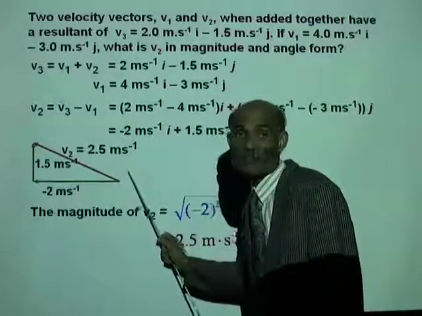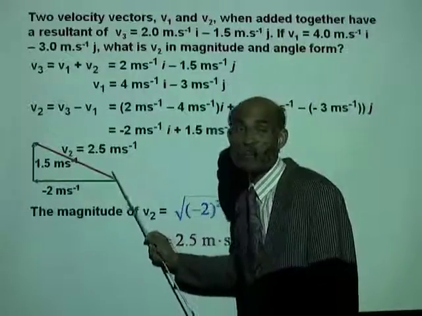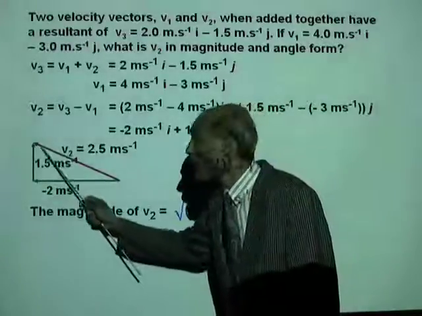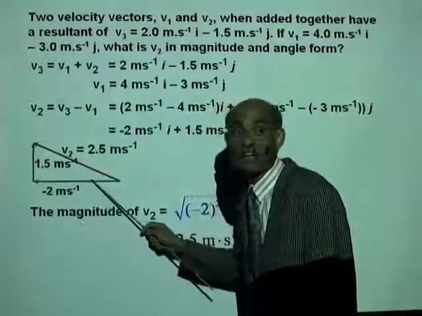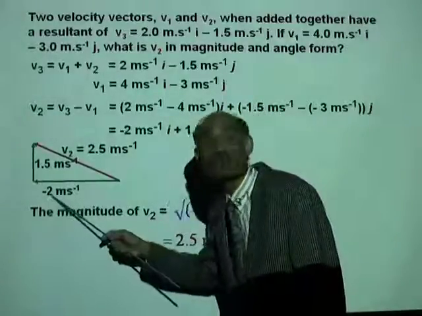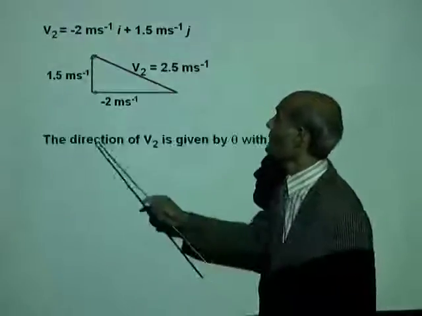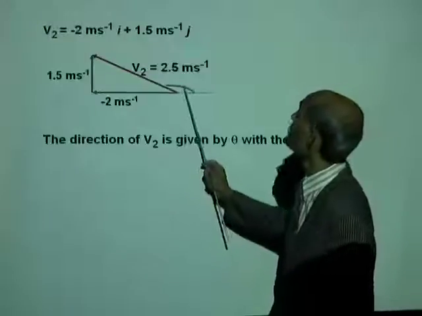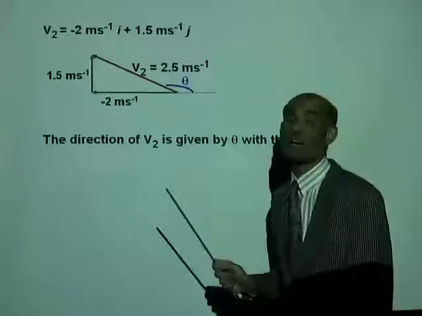The angle is actually this obtuse angle. And that obtuse angle is such that its opposite side is 1.5 and the adjacent side is -2. Is that right? Therefore, the direction of v2 is given by this angle theta with the x-axis.